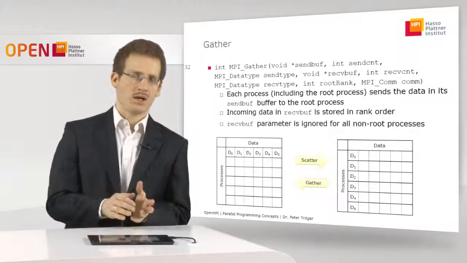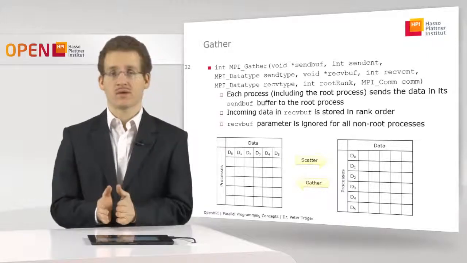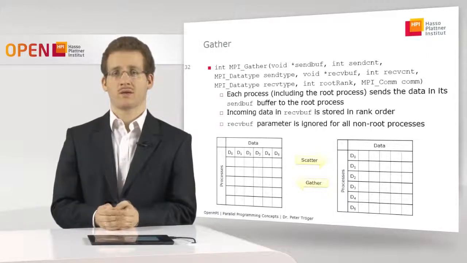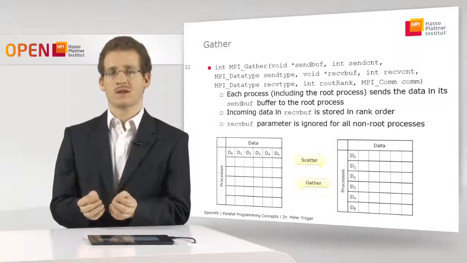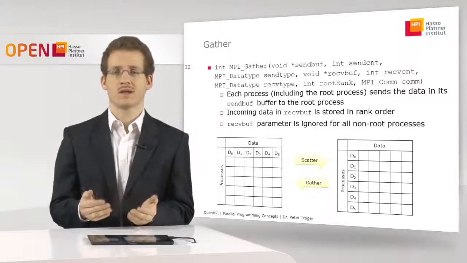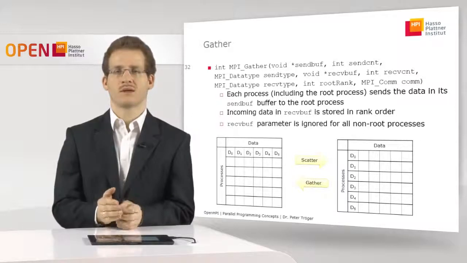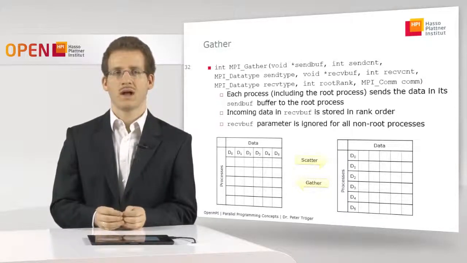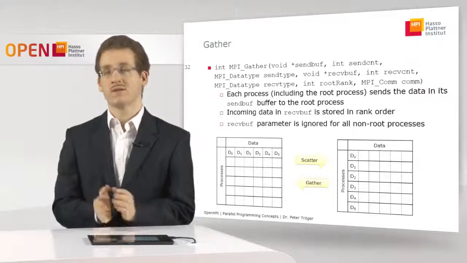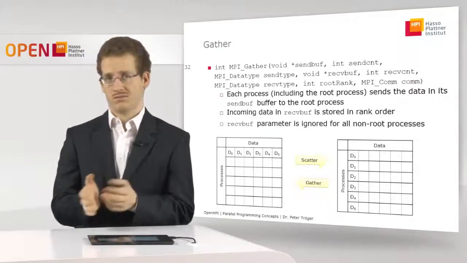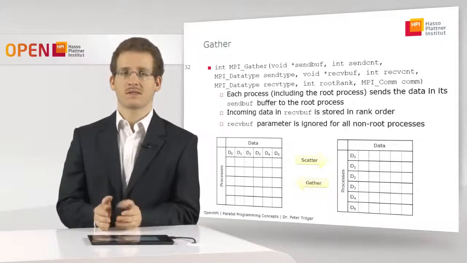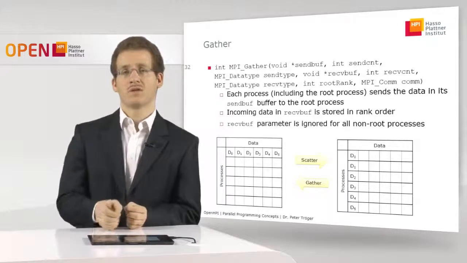The opposite API call to scatter is the gather call. In gather, you are able to fetch different data items from different other instances to one particular instance. This instance is again the root rank, so you define it in the call. And each of the processes, including the root process, so this looks like a pattern here, sends the data in its send buffer to the root rank node.